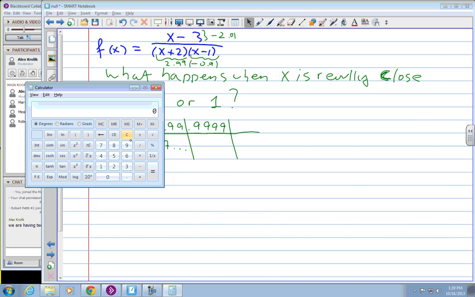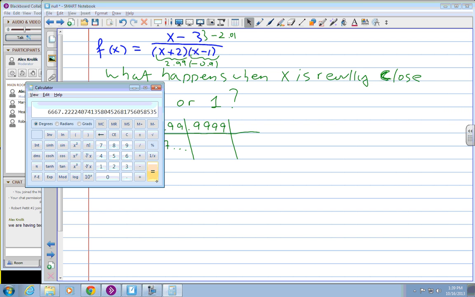If I do 0.9999, I'll get negative 2.0001 divided by the product of 2.9999 times negative 0.0001, and there's going to be some ridiculous number. So the closer we get to 1, the bigger the numbers get.